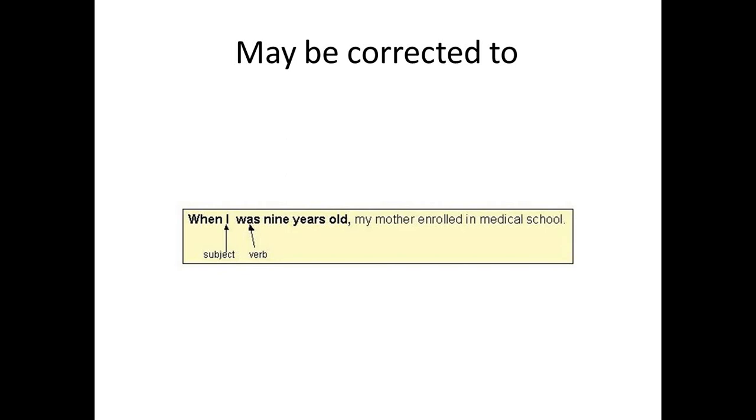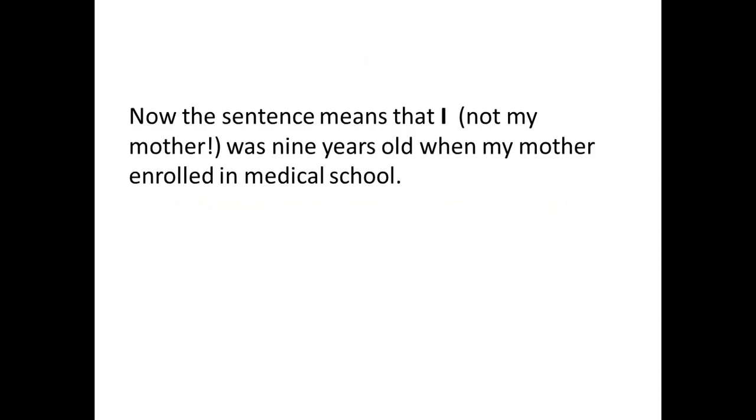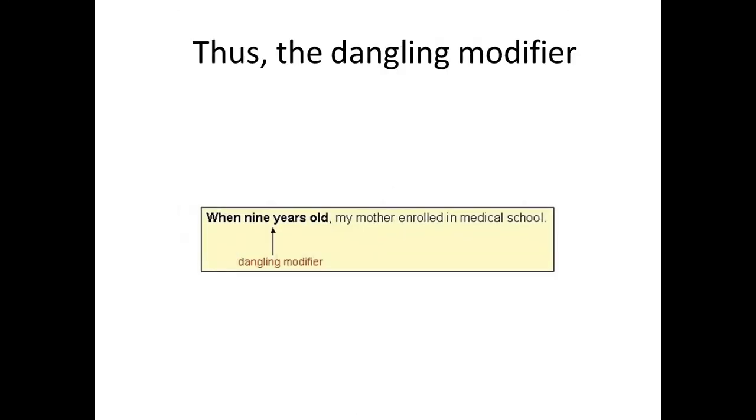Now you can look: "I" is the subject here and "was" is the verb. Now the sentence means that I, not my mother, was 9 years old when my mother enrolled in medical school. So the first version was: When 9 years old, my mother enrolled in medical school.